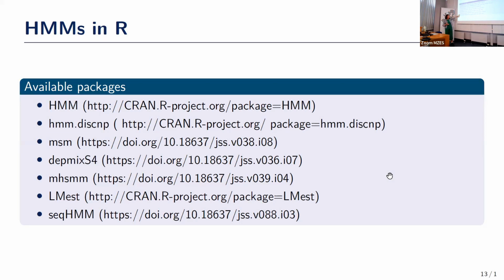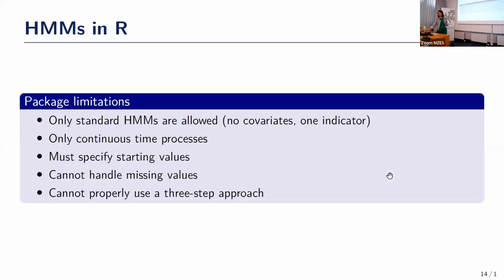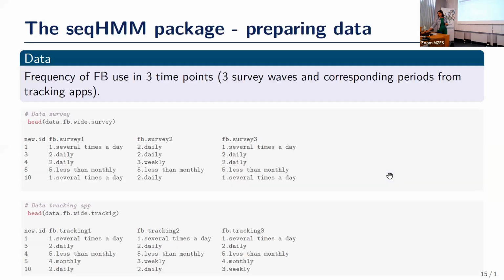It just misbehaved, and it also doesn't allow including covariates in both the transition, so the latent part, and the measurement part, so the emission probabilities. It also provides less intuitive estimates. So I chose to demonstrate with seqHMM because it has slightly more intuitive outputs, especially for illustrative, introductory purposes.